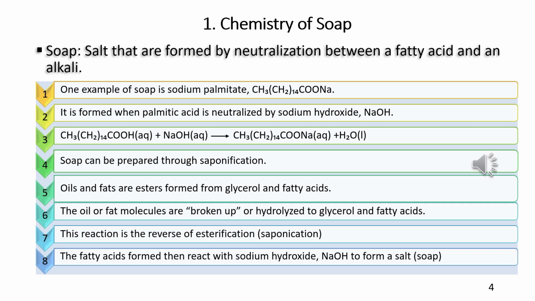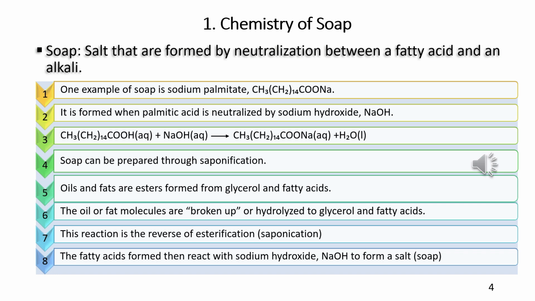Number 3 is CH3(CH2)14COOH aqueous plus NaOH aqueous gives us CH3(CH2)14COONa aqueous plus H2O liquid. So how is sodium palmitate found?